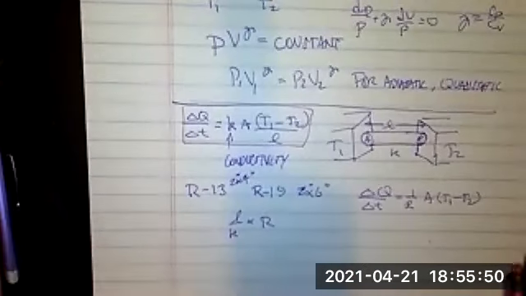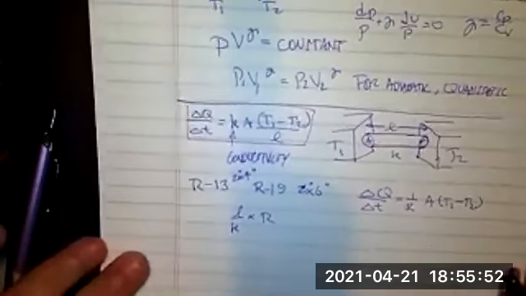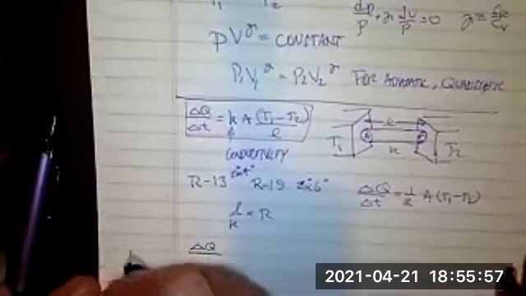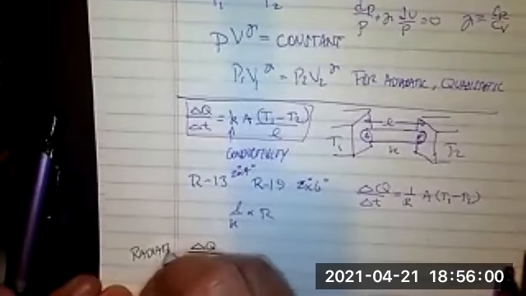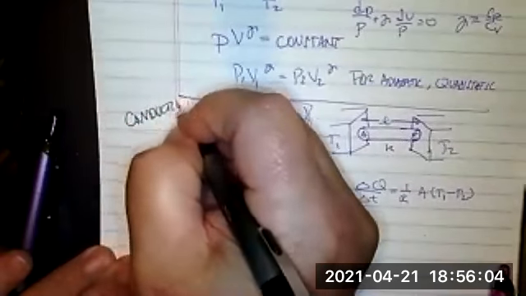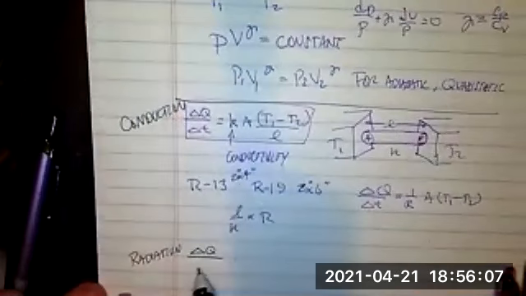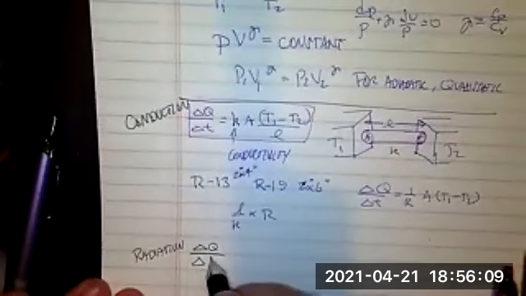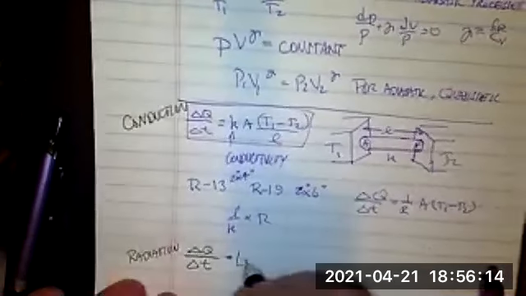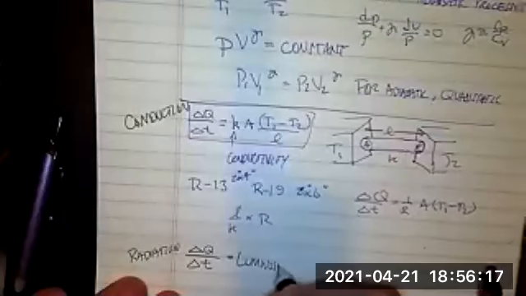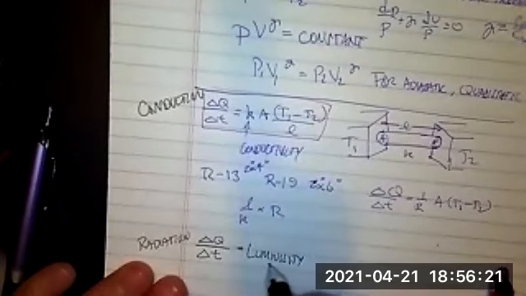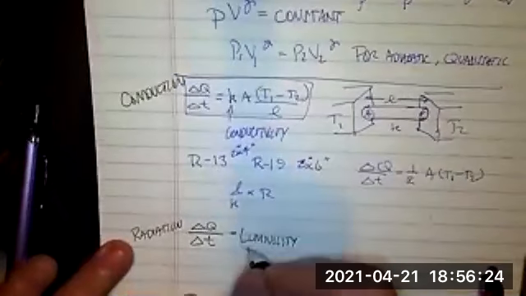Now, the other equation was the Stefan-Boltzmann law, and I want to make sure you know that. This one is for radiation, while the previous one was for conduction. For radiation, delta Q over delta T, which in astronomy we call the luminosity. So if you buy a 100-watt light bulb, the luminosity of that bulb is basically 100 watts.